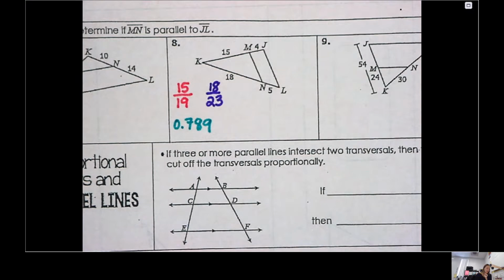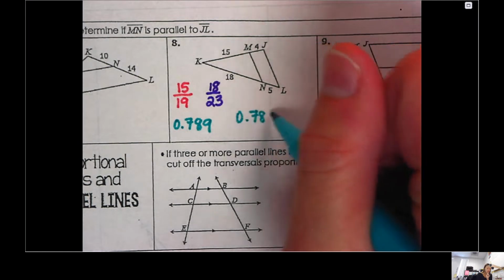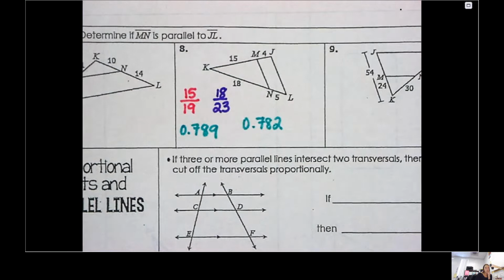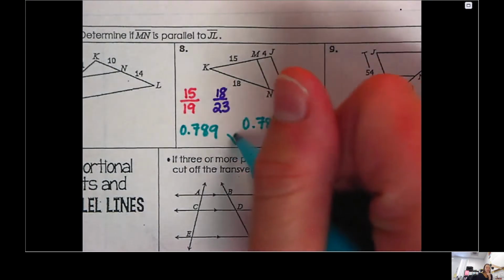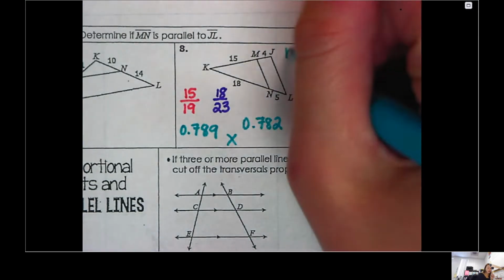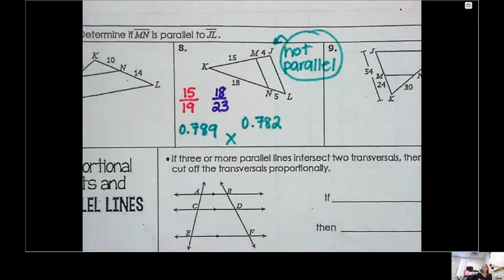And 18 divided by 23 gives me 0.782. Are they the same? No, they are not the same ratio. So what does that mean? Not parallel. Good. Good, good, good. Okay, easy peasy, right?